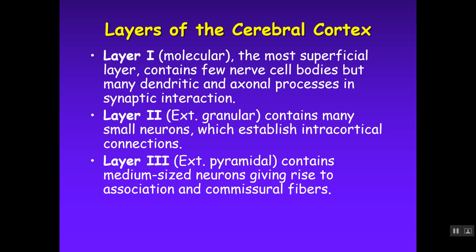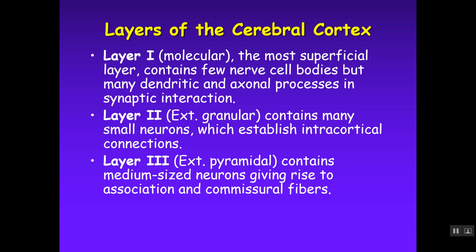Okay. Then we have layer 2, which is called the external granular layer. It contains many small neurons, which are more for establishing the intracortical connections, like those little short association fibers and so forth. That's where those are originating from.